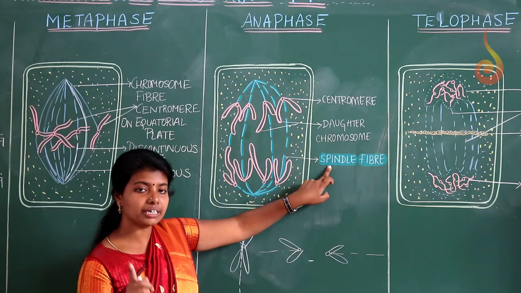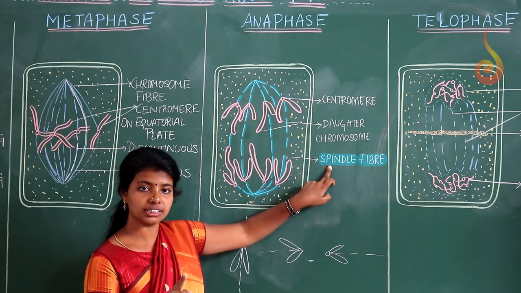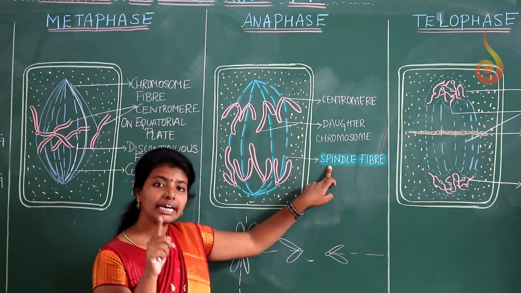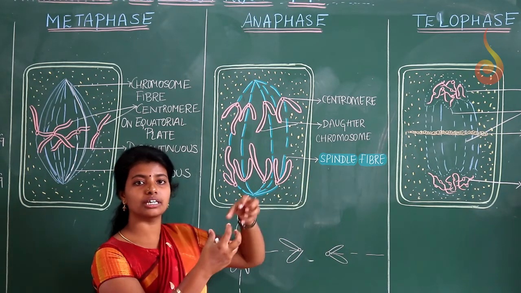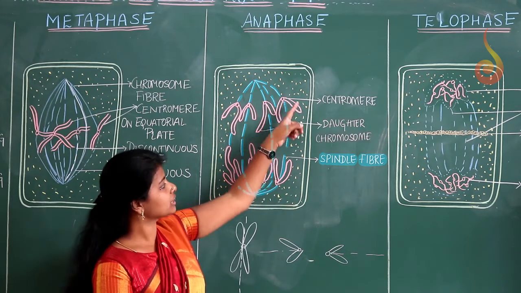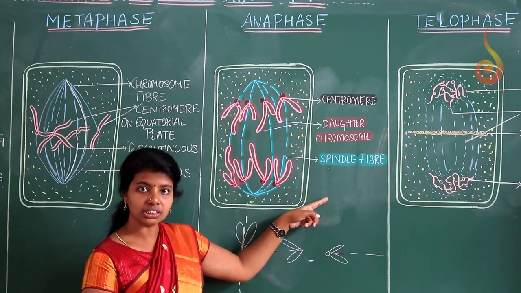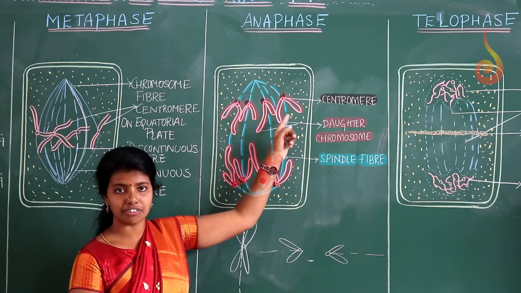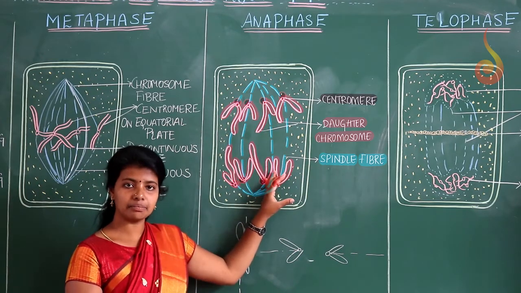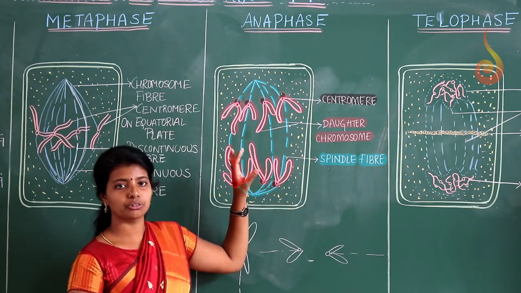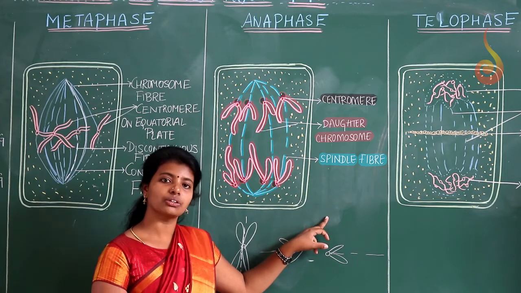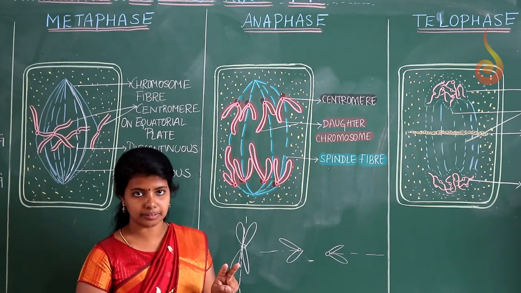Now spindle fibers are very important because the shortening of spindle fibers is the only cause that will pull the chromatids to the opposite poles. So these are the relevant labelings for the stage anaphase. Now if you get this stage in your slide in the exam, you have to draw this diagram with these relevant labelings so that you will get 2 marks.